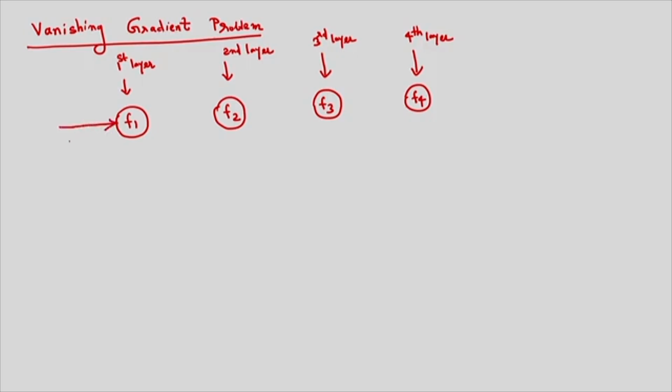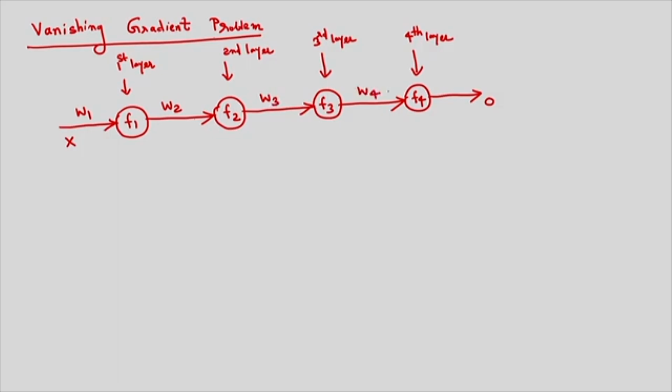The input to the network is X, and I have shown the connections here, and the output of the network is O. O is the output of the network, and I have to consider the connecting weights, W1, W2, W3, W4.